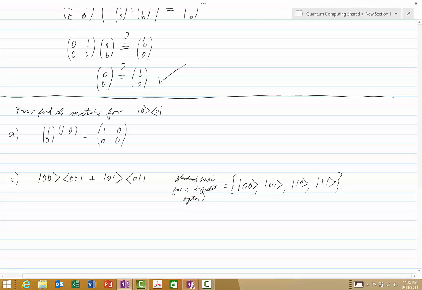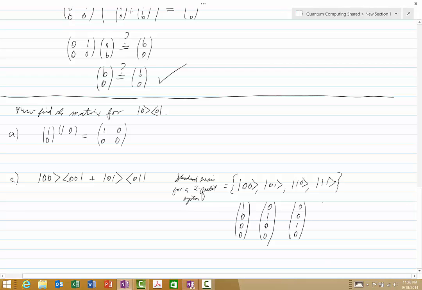So when we want to find the column vector corresponding to these, now we're in 4 dimensions, because we have to have 4 basis vectors here. And we will list the first one as 1, 0, 0, 0. The second one will be 0, 1, 0, 0. The third one will be 0, 0, 1, 0.